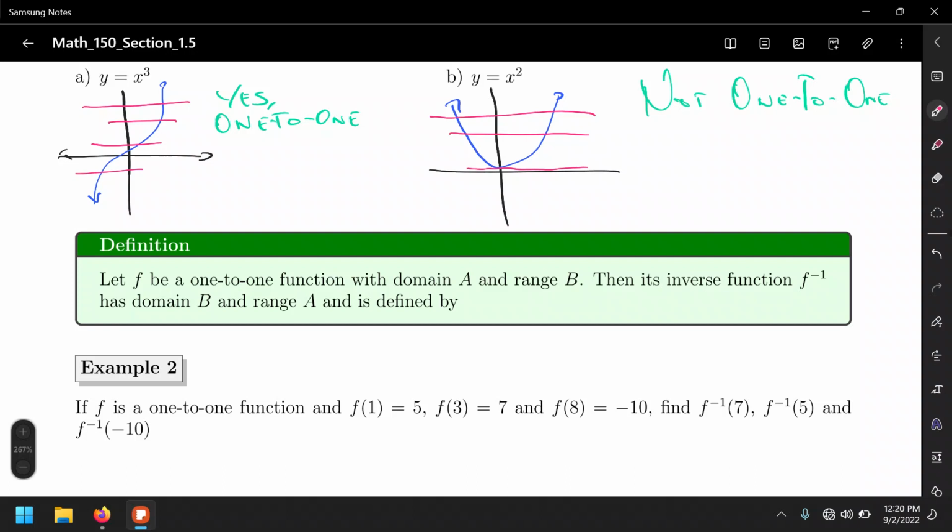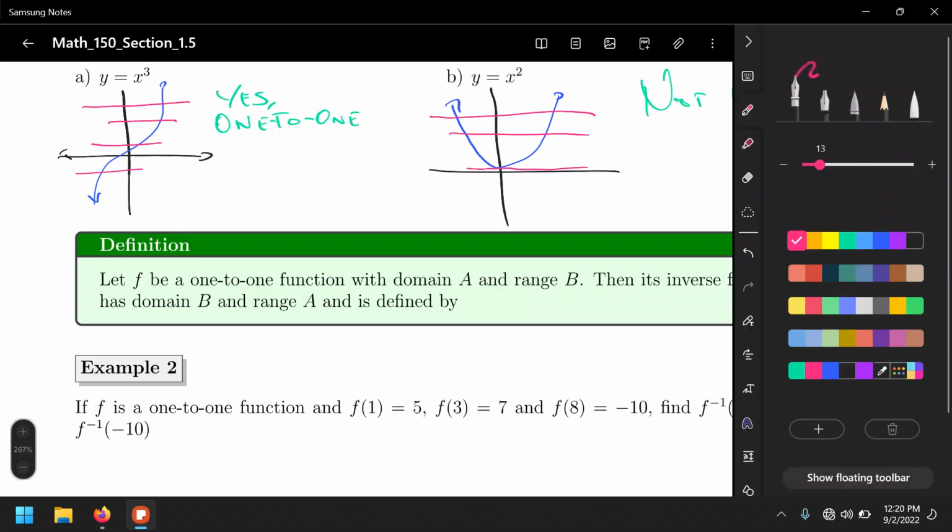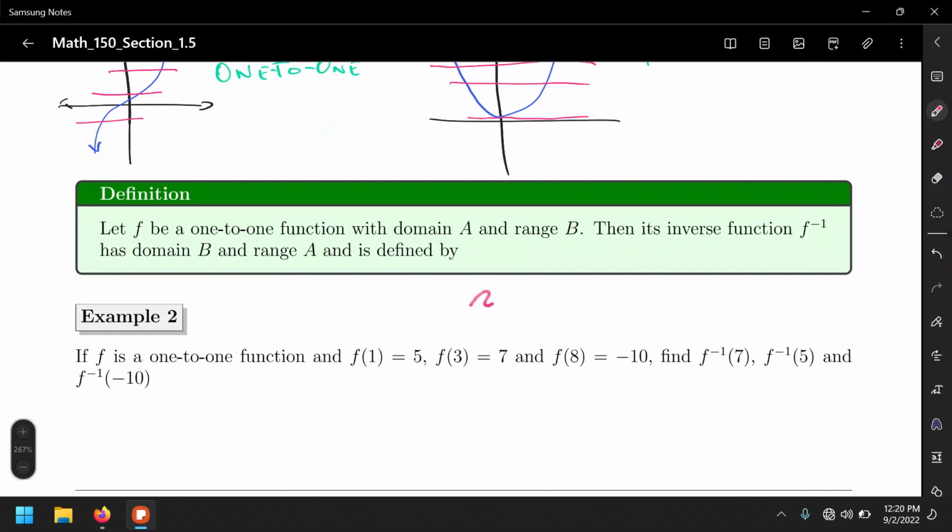So here, let's go with the definition. A given function has a domain A and a range B. Let's draw a picture for this. So f of x: if we input some x, we will output some y, right?